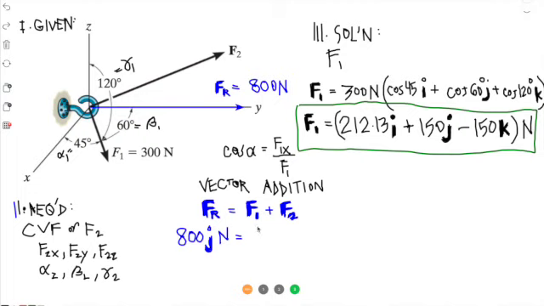For the F1 component, we have 212.13 for the x component, plus the F2 component, which is unknown for now, F2x, and that would give us i.